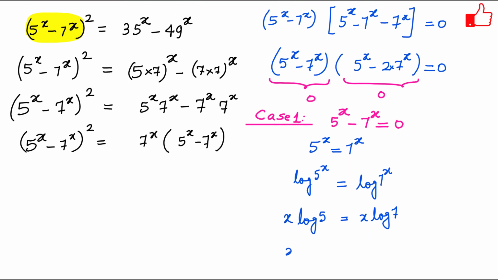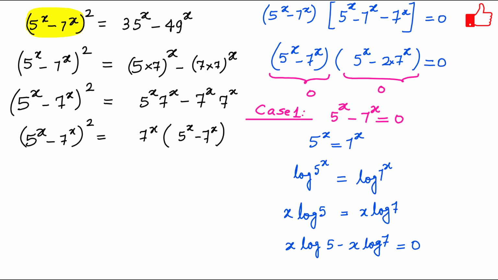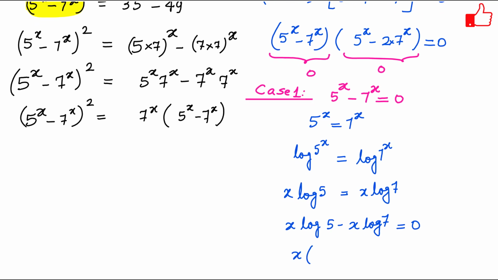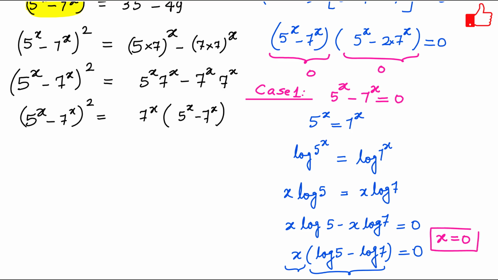So this becomes x log 5 minus x log 7 is equal to 0, and if I take x common, this is x times log 5 minus log 7 is equal to 0, and log 5 minus log 7 cannot be 0. So this means x is equal to 0. So in this case the solution I have is x equal to 0.